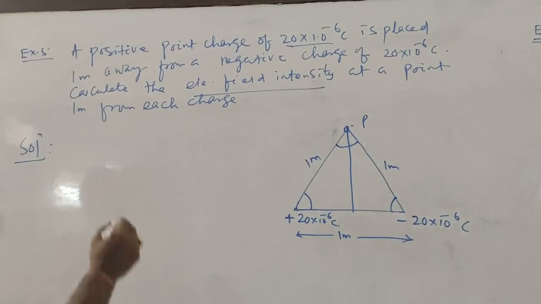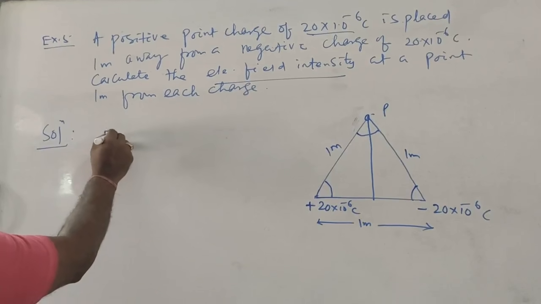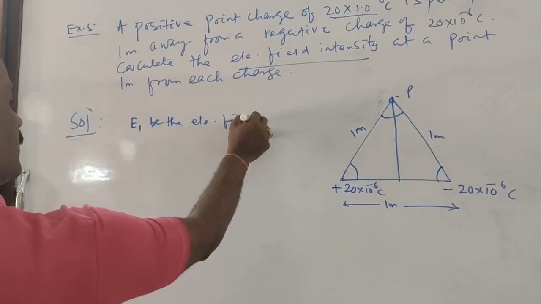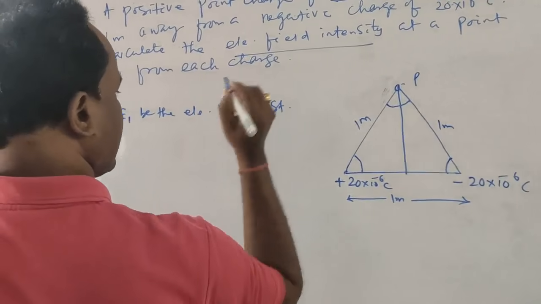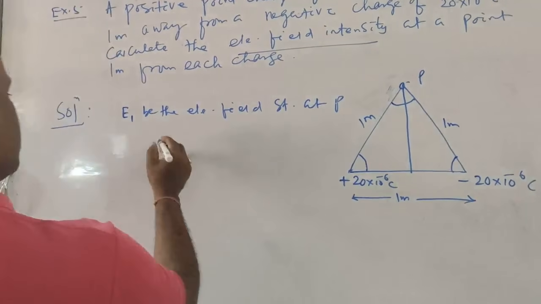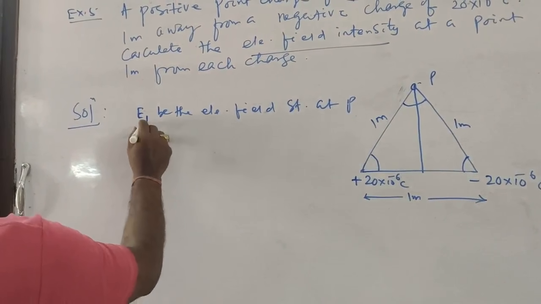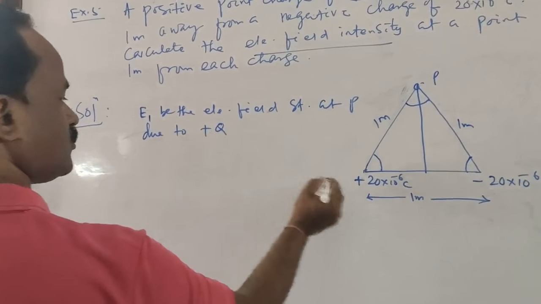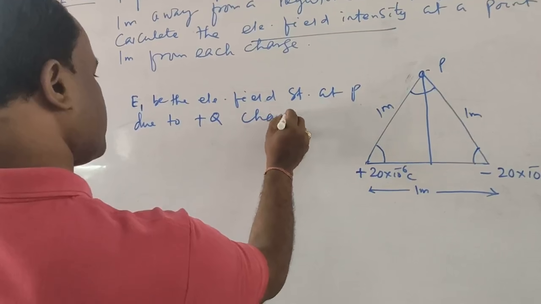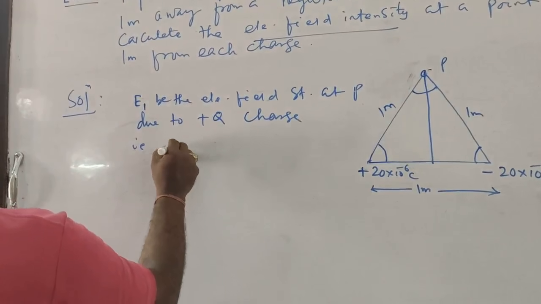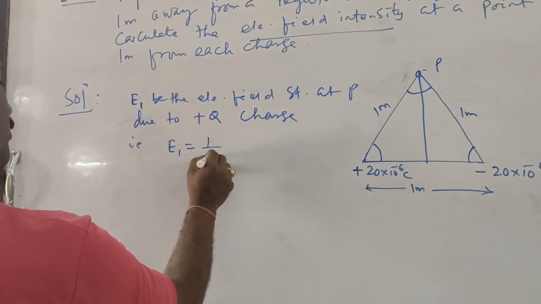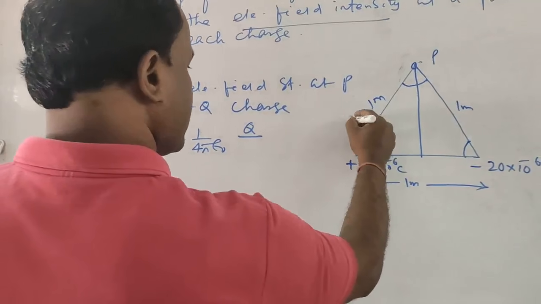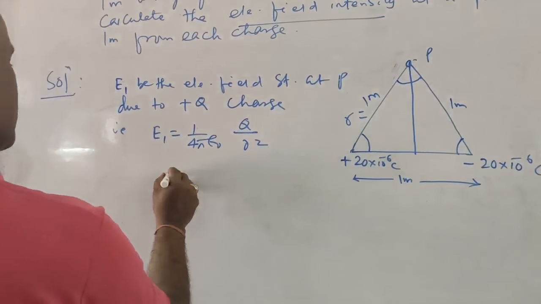Now, suppose E1 is the electric field strength at P due to plus q charge. That is E1 is equal to 1 upon 4 pi epsilon naught q divided by r square.